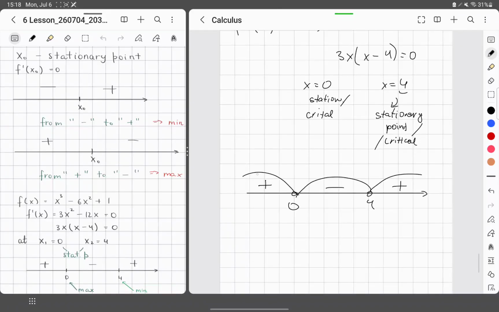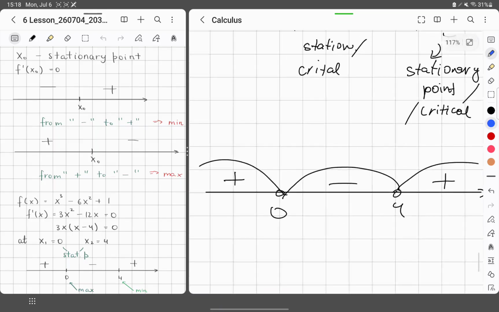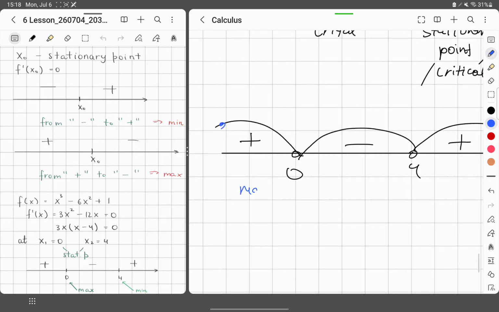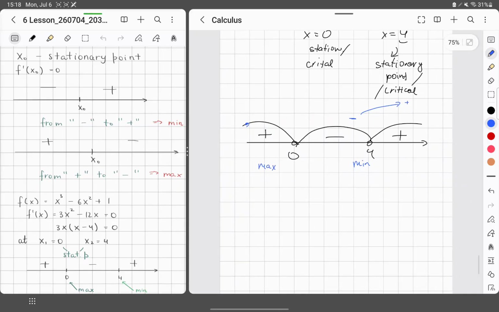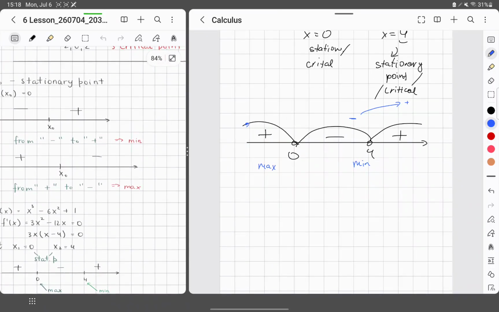If we start from positive and go through the negative, that will be our maximum point. What about 4? If we start from negative and go through positive, it will be our minimum point. I hope that's true. Yes, that's maximum, and this is minimum.